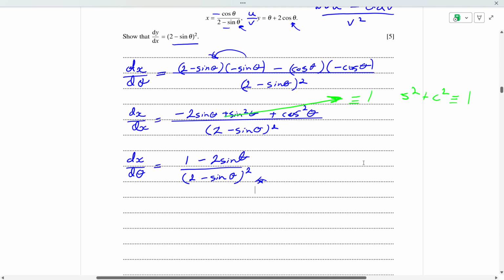Now we'll differentiate y. Now we want dy/d theta. Okay, then when we differentiate those two, we just have 1 minus, because you differentiate theta, it just gives us 1. Differentiate 2 cos theta, it will give us negative 2 sine theta. All right.